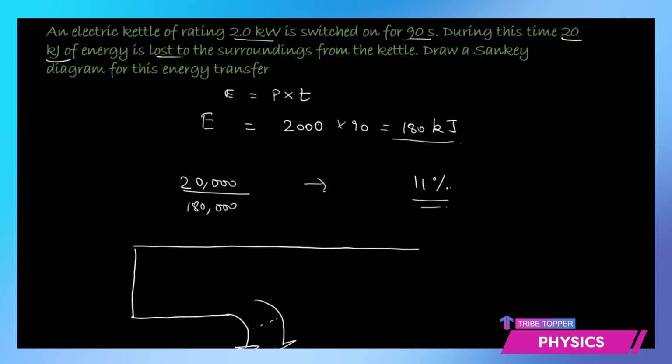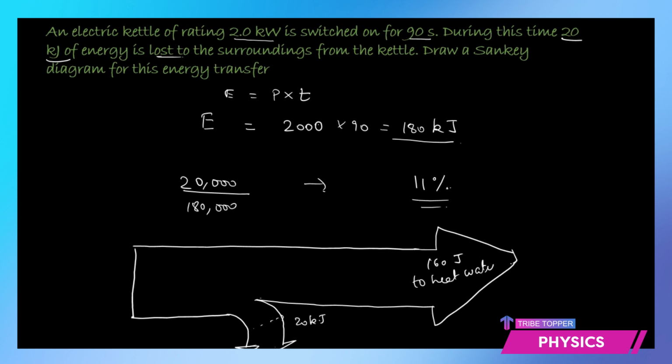This width represents 20 kilojoules of energy lost to the surroundings, and the rest is going out. So out of 180 kilojoules, 160 kilojoules is going to heat up the water. So that's a simple Sankey diagram, but the width of the arrow would depend on the percentage of the energy.